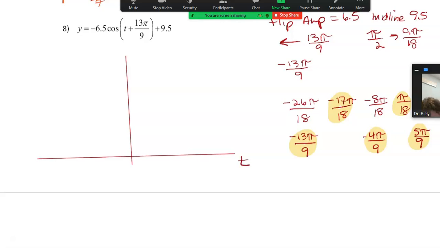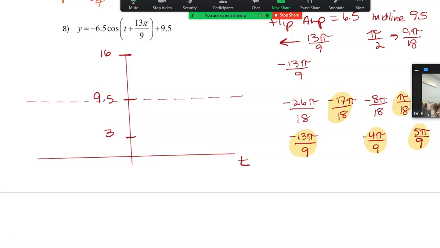Okay, that's my T. On my y-axis, what I have is a center line. Remember, last will be first. Do that one first. Add 6.5 to it, I get 16. Subtract 6.5, I get 3. Okay, so I have that. I'm going to dot in my center line.